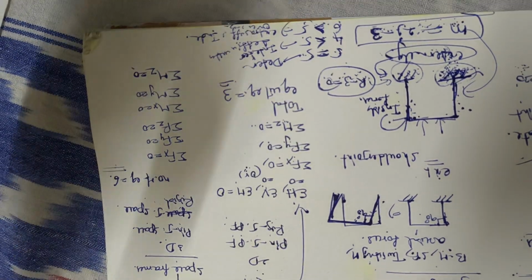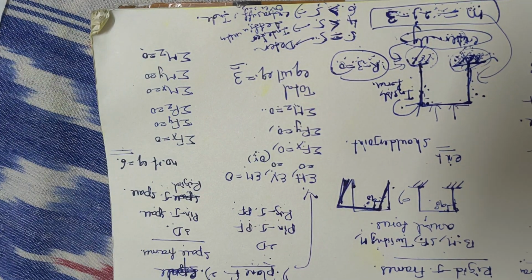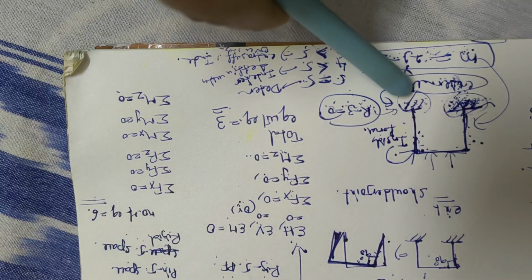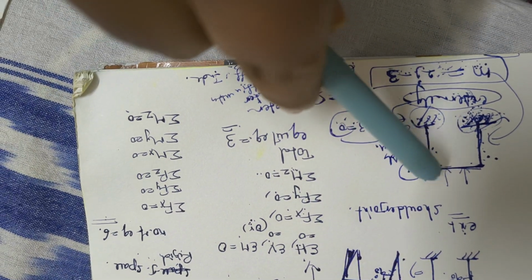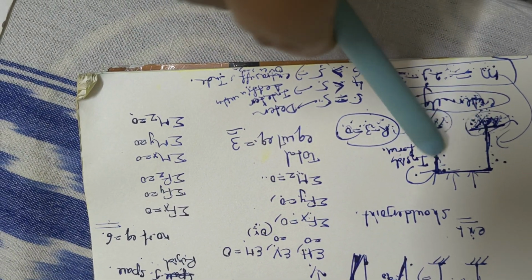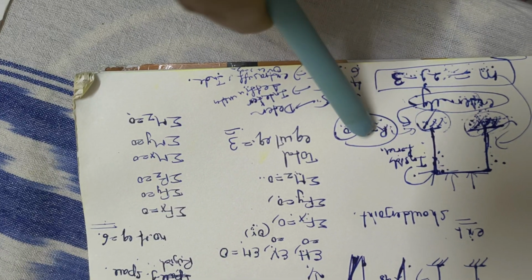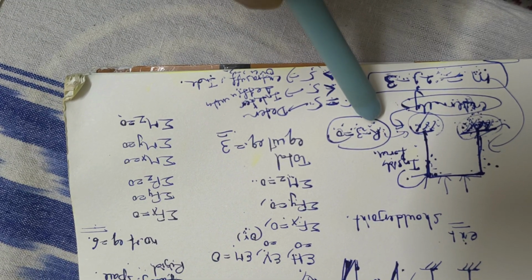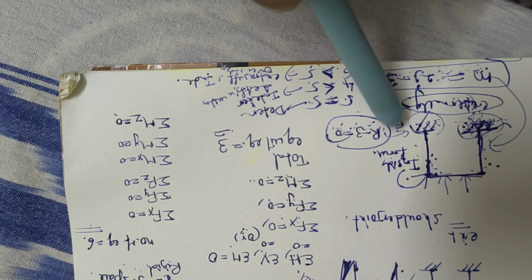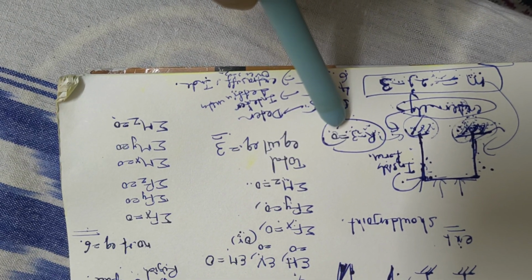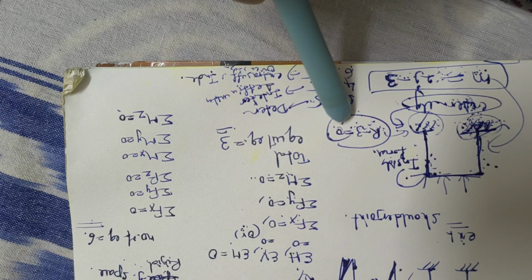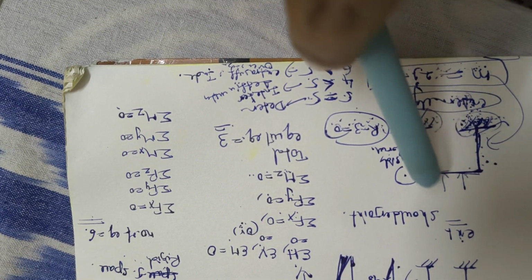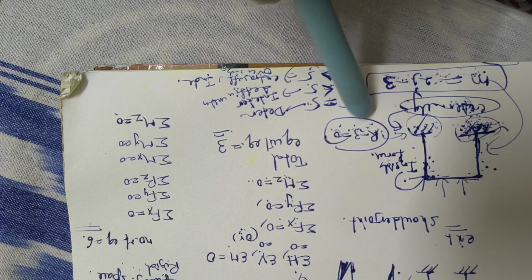Once again I'm repeating. The structure for which the reactions at the supports and internal forces in the members can be found out by the conditions of static equilibrium equations is called a statically determinate structure. To check the external stability and internal stability, we have two relations.